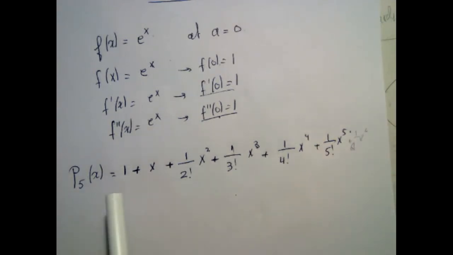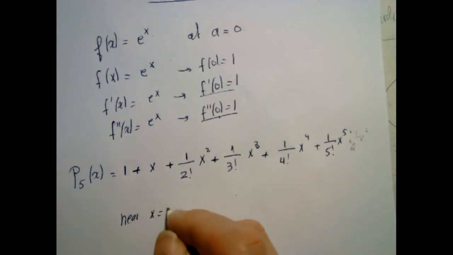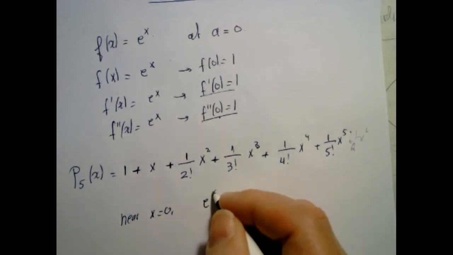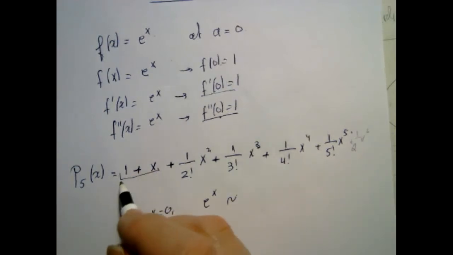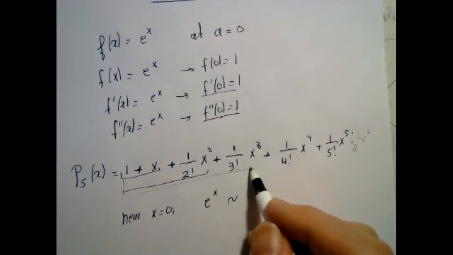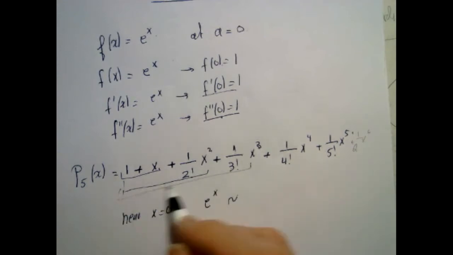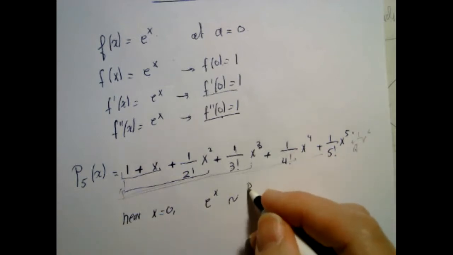Now, the idea behind those, as I said, is that near x equals 0, e to the x can be approximated by those polynomials. I can approximate it by the first two, the linear. If I need a better one, I go quadratic. If I need better, I go cubic. If I need better, the 4th degree, better the 5th degree, and so on and so forth.